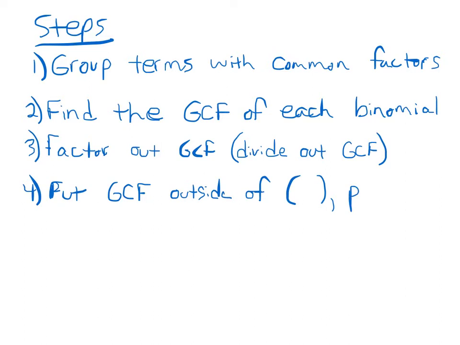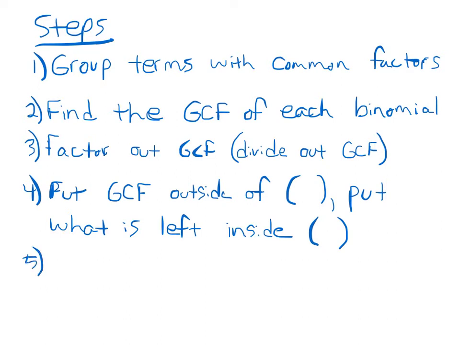And then we're going to put what is left inside the parentheses. Okay. Finally, step 5, what we're going to do is we're going to put the GCFs together in a binomial.